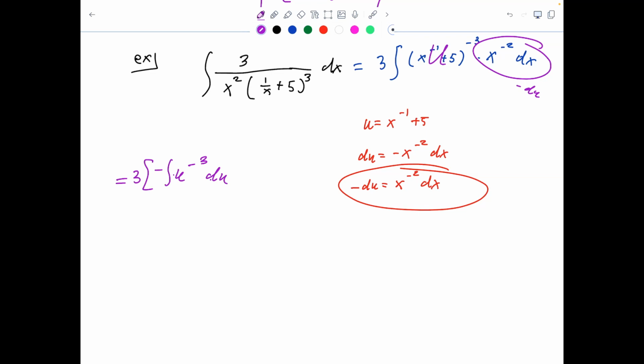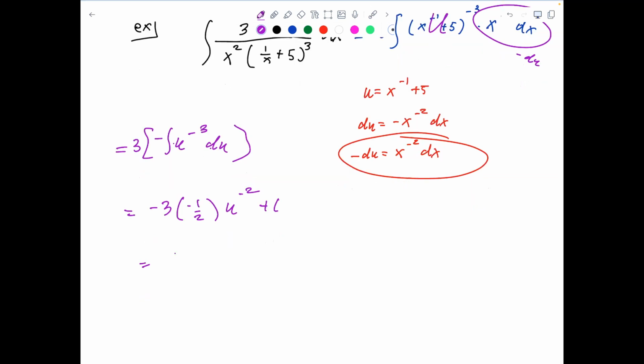I technically get u to the -3 times negative du, but again, it's easier just to bring that negative out in front. Which gives me -3 parentheses u to the -2 plus c, so that's a -1/2 in there, the reciprocal, and gives me a final answer of positive 3/2 parentheses 1 over x plus 5 to the -2 plus c.